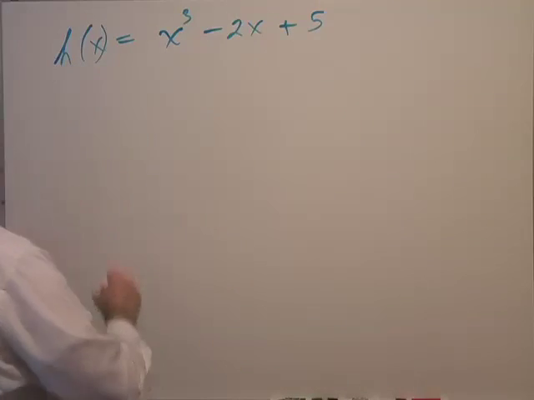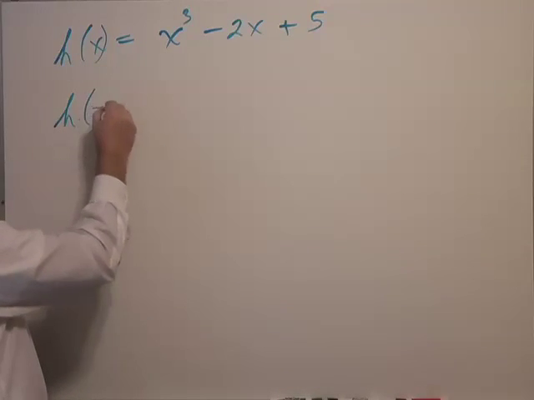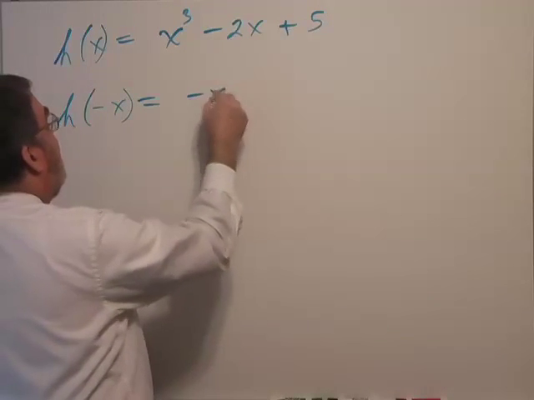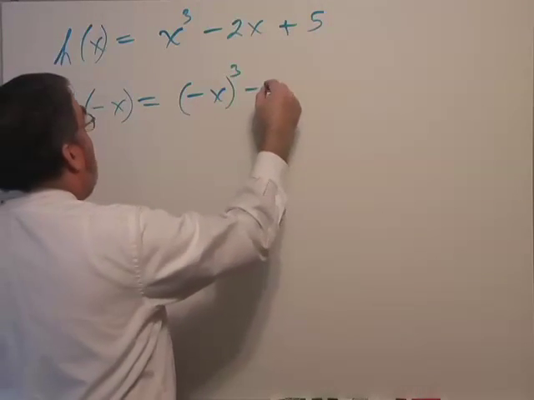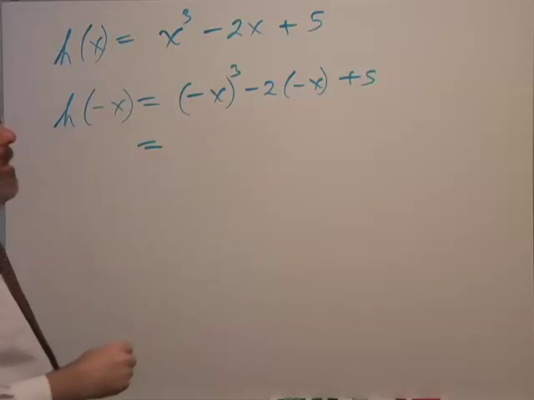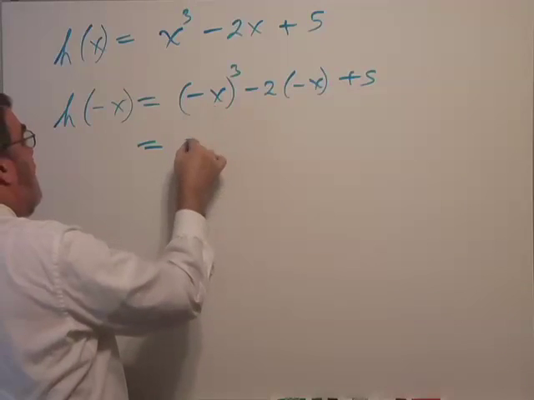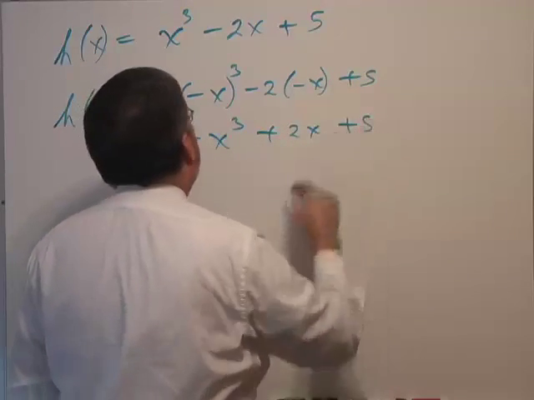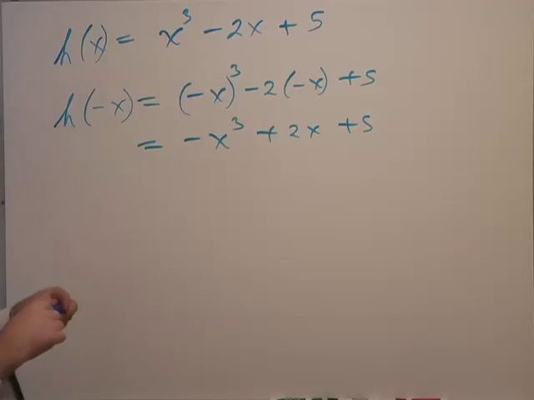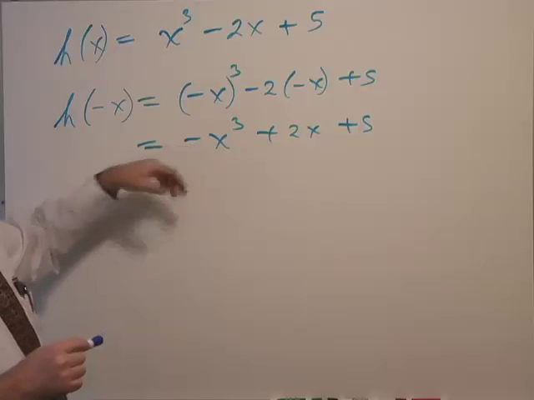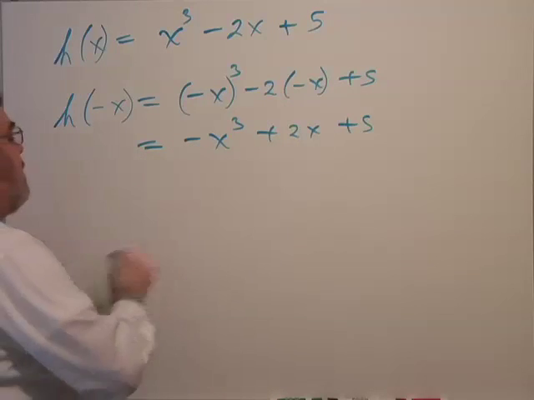Alright, let's see what happens. If I change this input, h of negative x gives me minus x to the third power minus 2 times negative x plus 5. And that results in negative x cubed plus 2x plus 5. It's not the original function, obviously, because these signs are different, so it can't be an even function.